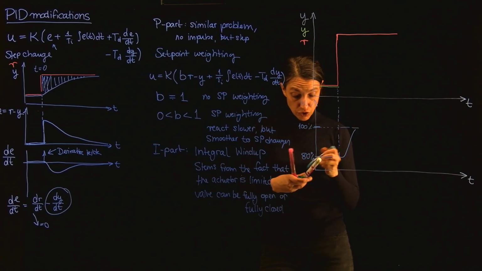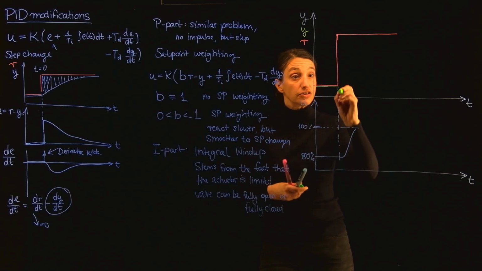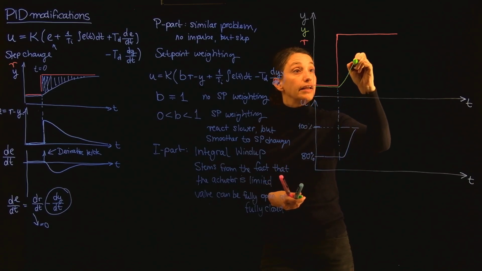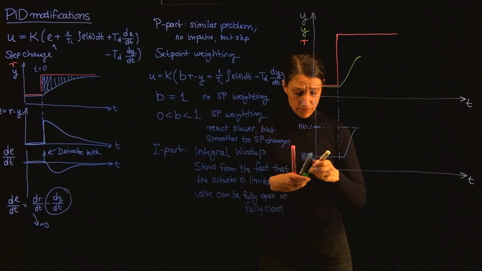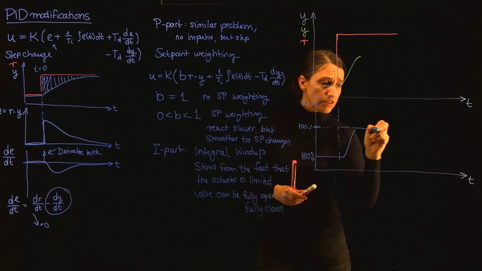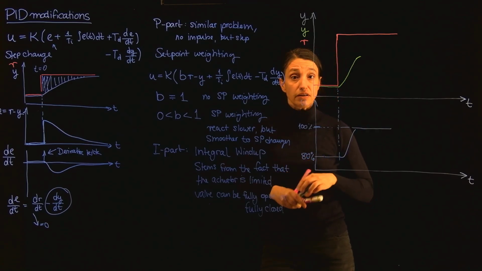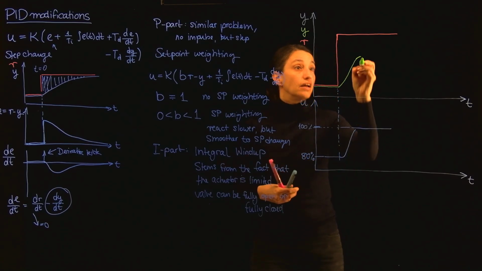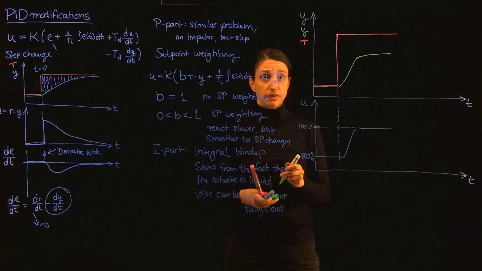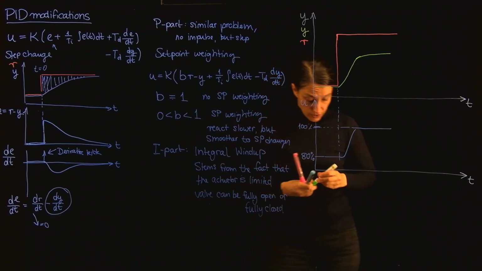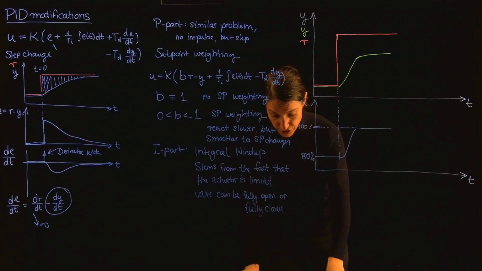What's going to happen to my process variable? It's going to increase for a while. But then, because the actuator is limited, it's going to stop increasing. It's only coming up to this point. So here is the point of departure.